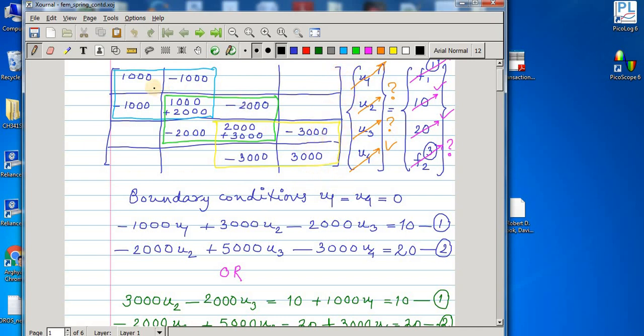So in place of taking these four equations, we are taking first these two equations, because these two displacements are your unknown displacements. So this is one equation and this is the other equation. In this equation U1 is 0 and in this equation U4 is 0.